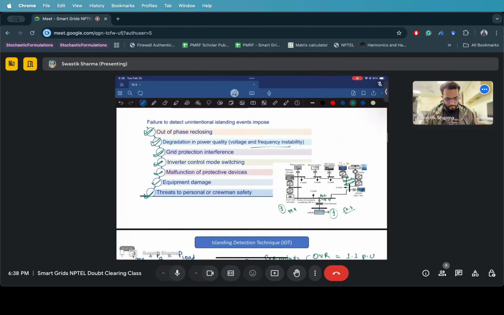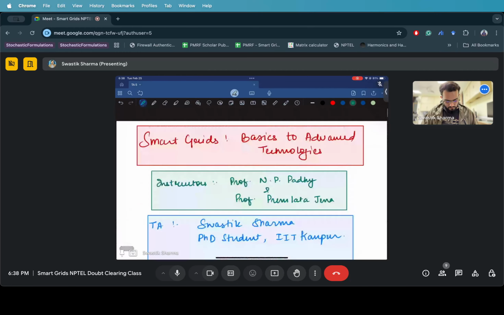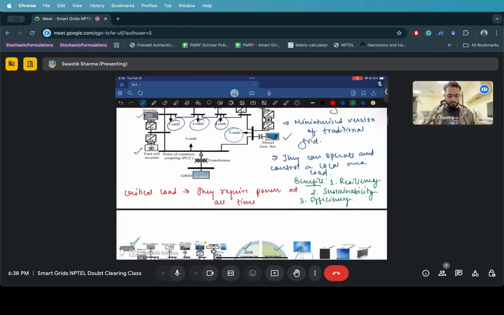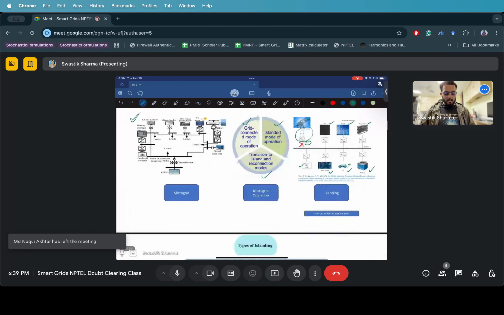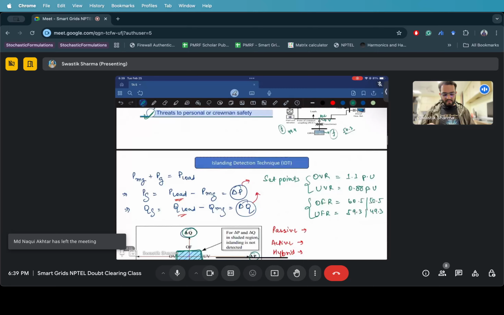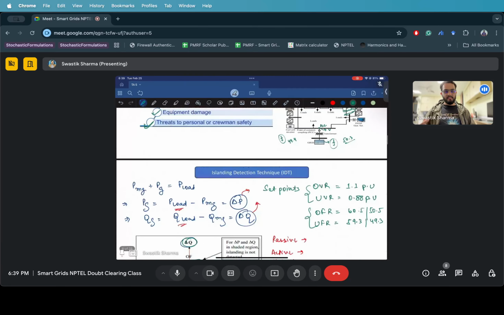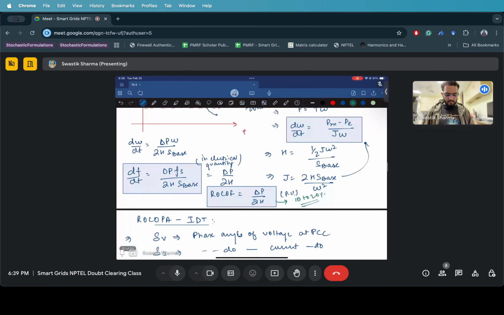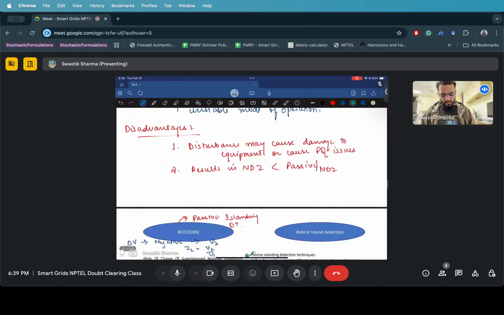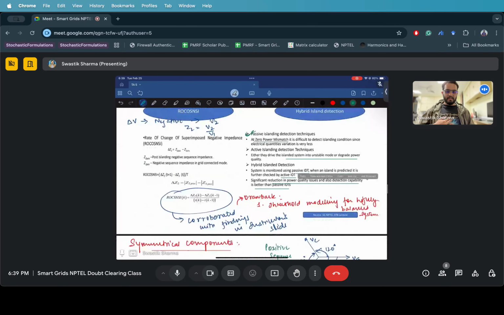So we started with microgrid. We discussed what the different islanding detection techniques are and why they are required. We discussed the various issues, and we discussed various passive islanding detection techniques, active, and then hybrid islanding detection techniques.